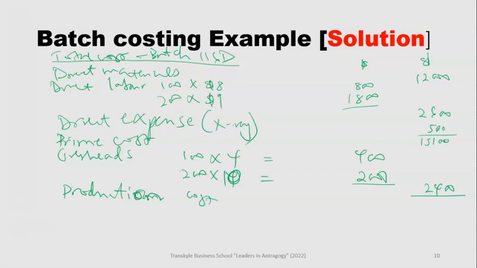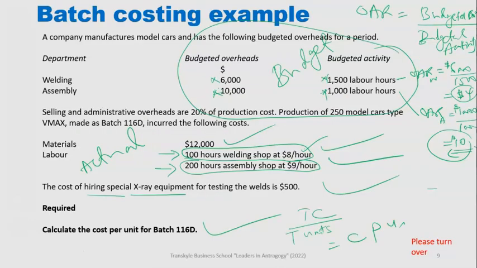So if we add up, we get a production cost of 17,500. But then we have to consider, because the question wants us to calculate the cost per unit for this particular batch, other costs.